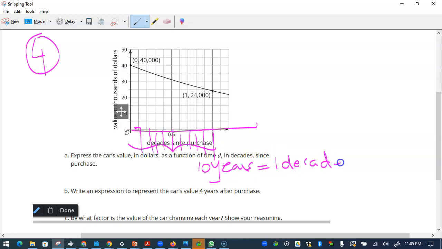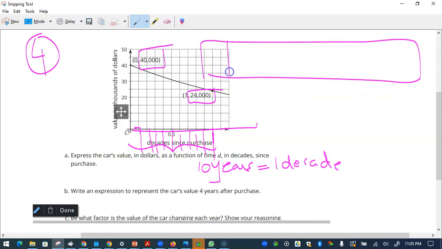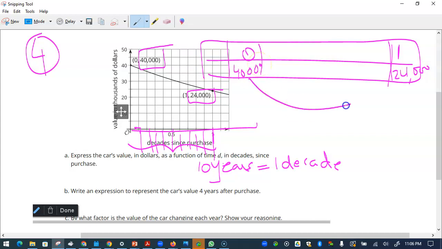So after every 10 years, this was the original cost, but now it has gone down after 10 years. That means in 1 decade it went down. So in the beginning it was 40,000, and this is 1 decade, so that's 24,000. What is the decay factor from here to here?